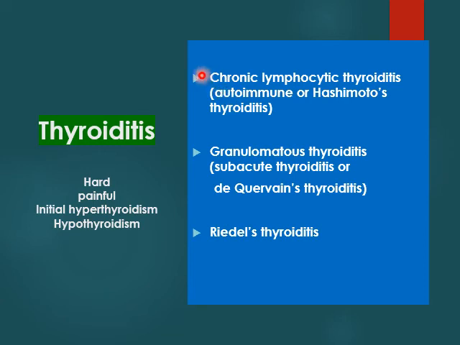There are three groups: chronic lymphocytic thyroiditis, also known as autoimmune or Hashimoto's thyroiditis. The second group is granulomatous thyroiditis, also known as subacute thyroiditis or de Quervain's thyroiditis, believed to be due to viral infections. And the third group is Riedel's thyroiditis.